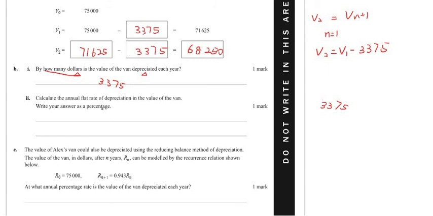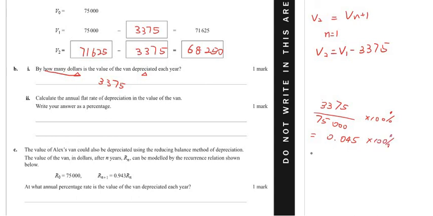But they want us to have just one percentage over here, and you can see that it's worth 1 mark, so it will be pretty straightforward. Just divide the depreciation amount over the total value of the van and multiply by 100% because they want us to represent it in percentage. After I found out that this part is equal to 0.045, I'm going to convert that to a percentage sign.